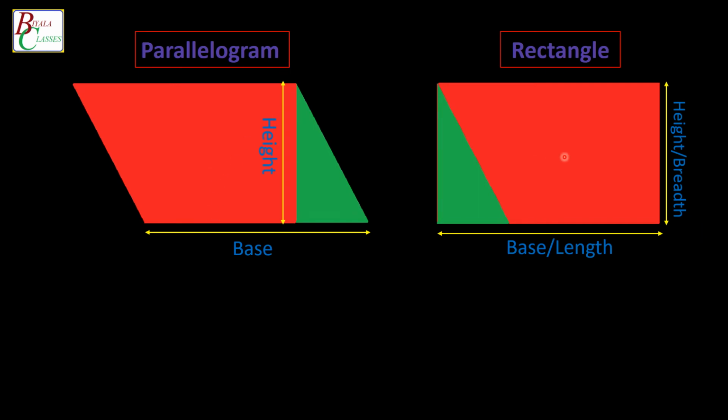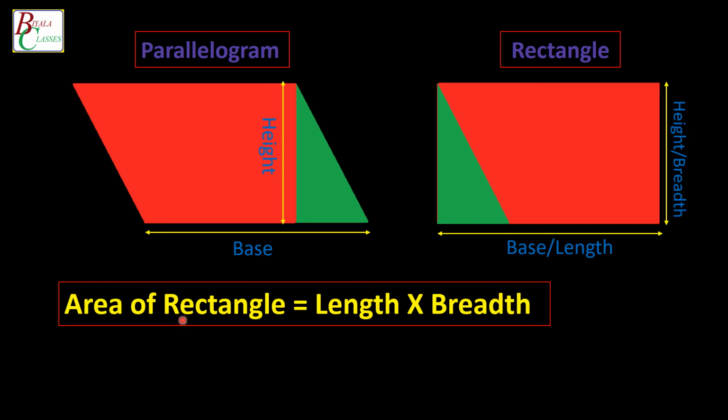So these two quadrilaterals, the parallelogram and the rectangle, have the same dimensions. Base of the parallelogram equals length of the rectangle, height of the parallelogram equals breadth of the rectangle. Now we know that the area of a rectangle is length multiplied by breadth. You have already done this.